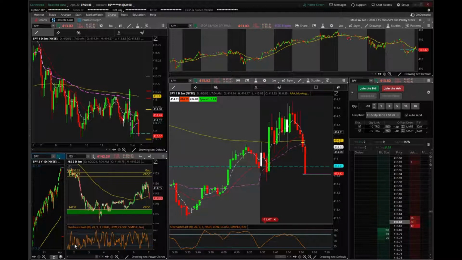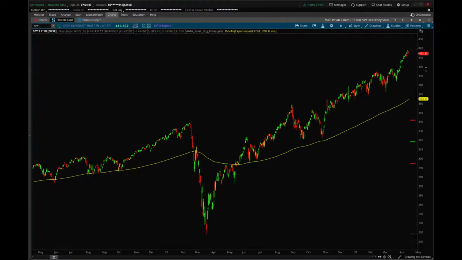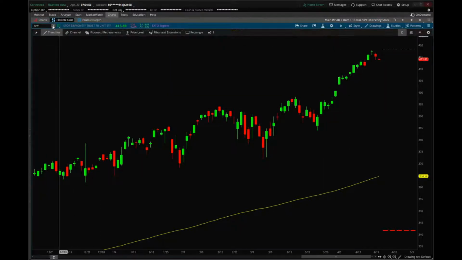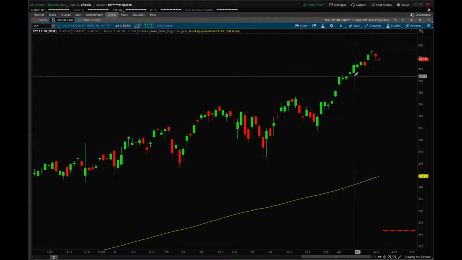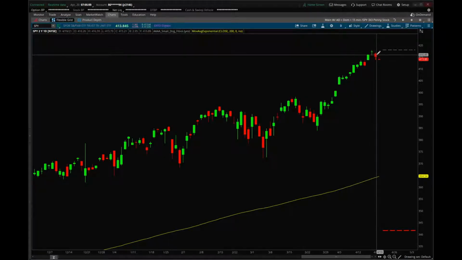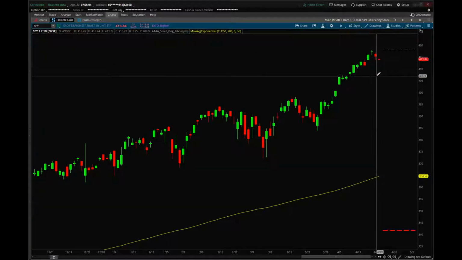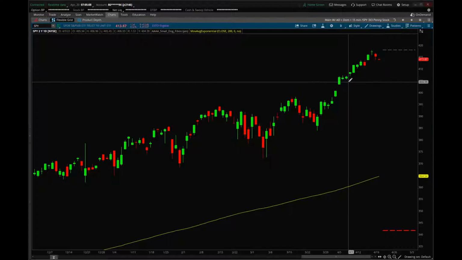I used to try and pick tops and bottoms. It was a very expensive game, so I stopped doing that years ago, and that's why I watch for this, right? If you guys watch my videos, I sit there and I go, hey, when price breaks below the previous, look for the short, right? And then try and ride this out. Well, I actually think I won't be surprised if we get back down to this 405 level.